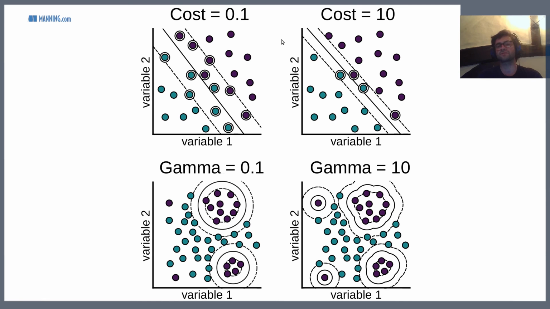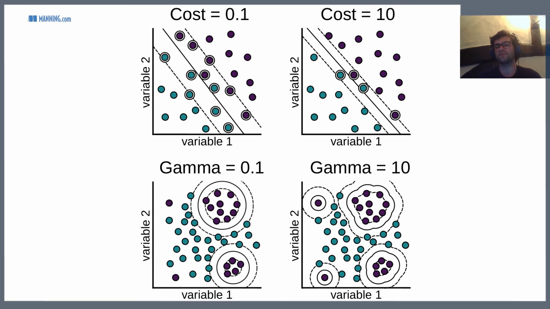And the trade-off here is that if you set the cost very, very high, then the algorithm will sort of jump through hoops to absolutely try and find a hyperplane that has as few cases in the margin as possible. And what this often results in is finding a hyperplane that overfits the noise that exists near the class boundaries that you're trying to separate.